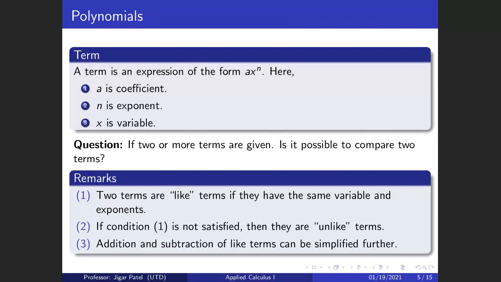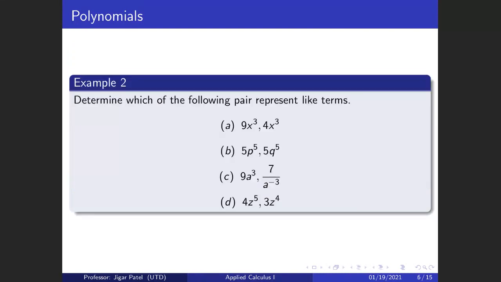With this remark, let's see if we are able to identify whether the given set of terms represent like terms or not. This is a really simple set of examples, one-liners, and I'm not going to use the board to show you the solution. Instead, we can communicate via the chat box.